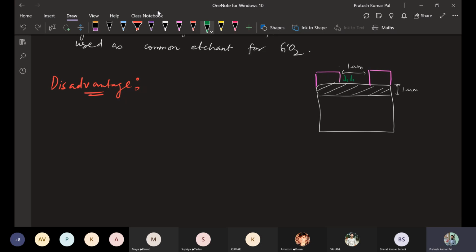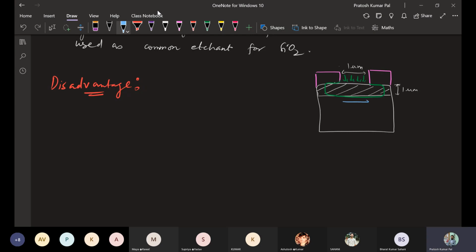When the etchant is introduced, it will remove in all possible directions. So if it is moving 1 micrometer in the vertical direction, it will be moving 1 micrometer in the horizontal direction also. So this will be the removed part.